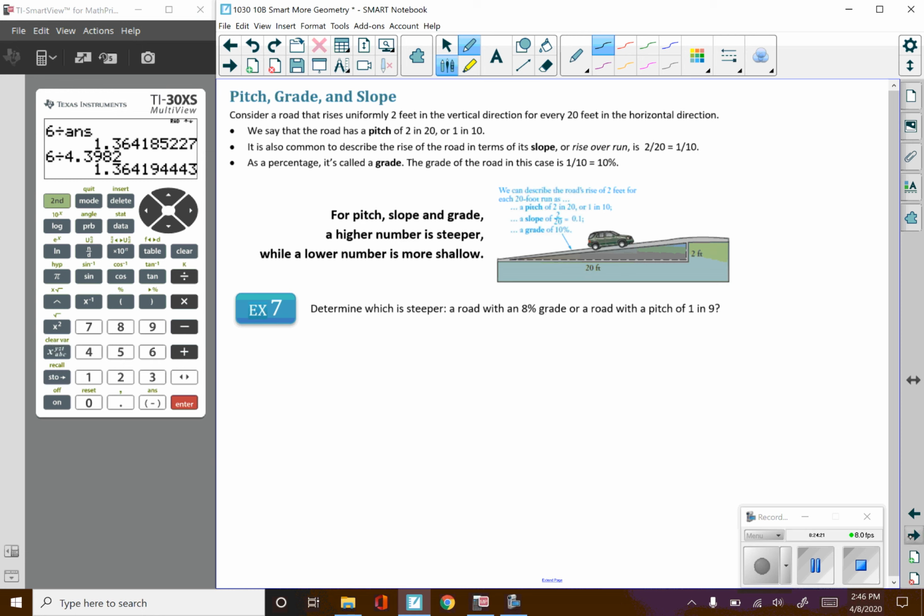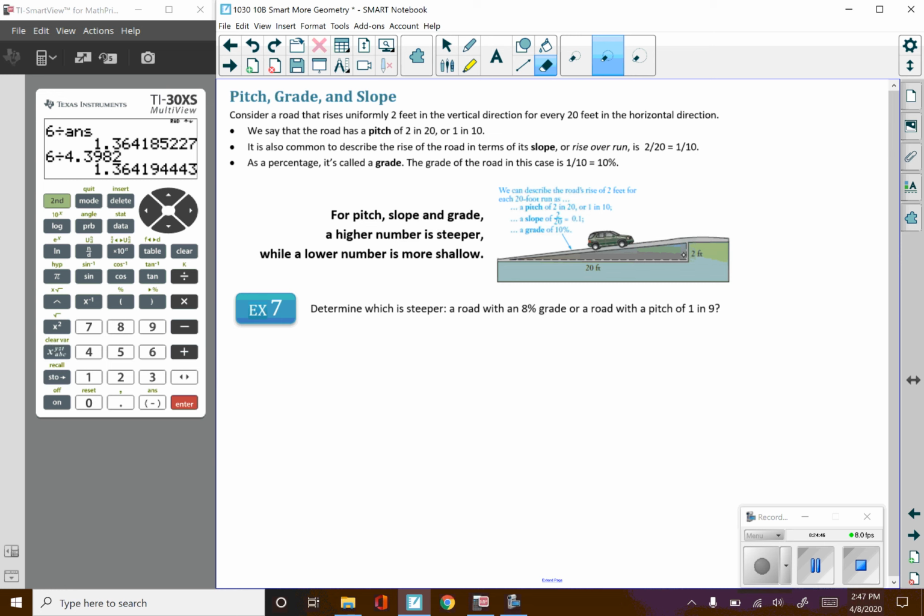It'll tell you the rise, or how much vertical distance it goes up, and then it will tell you the horizontal distance. So when it says the pitch is 2 in 20, that just means it goes up 2 feet for every 20 feet in horizontal distance. So just like slope, slope would be rise over run.